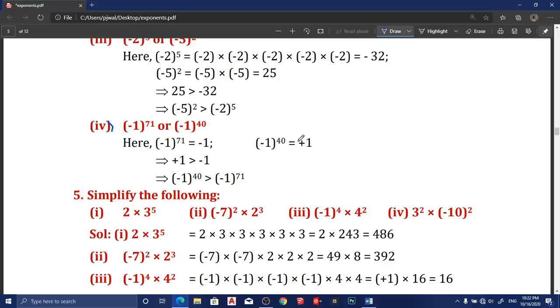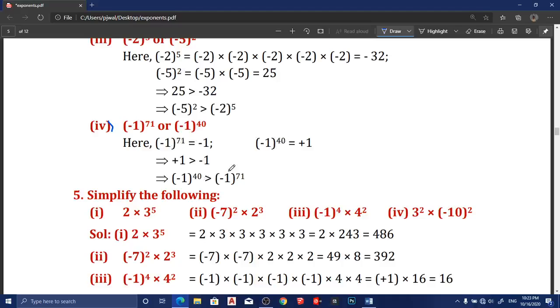That's why minus 1 to the power of 40 is greater than minus 1 to the power of 71, even though 71 is bigger than this. Observe here, this number you will get plus 1. This exponential form you will get for minus 1 only. That's why even though it is lesser than this number, this will be greater than this number.